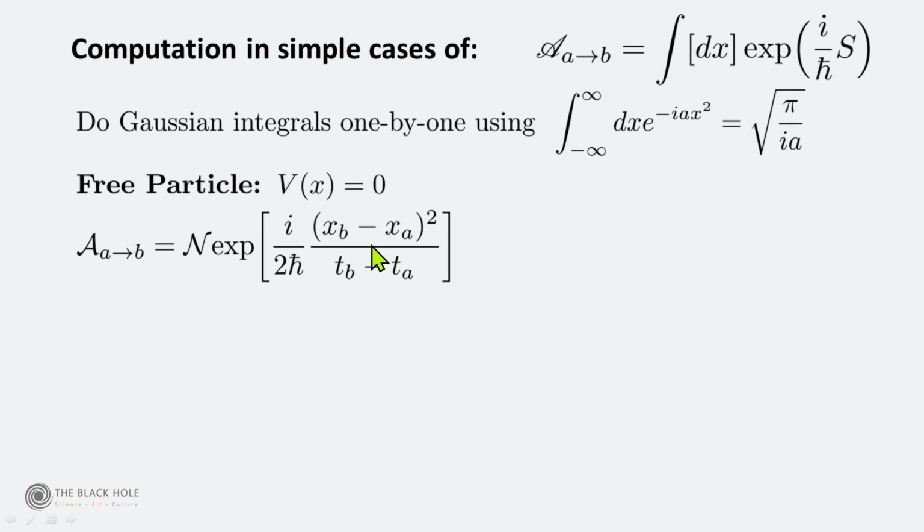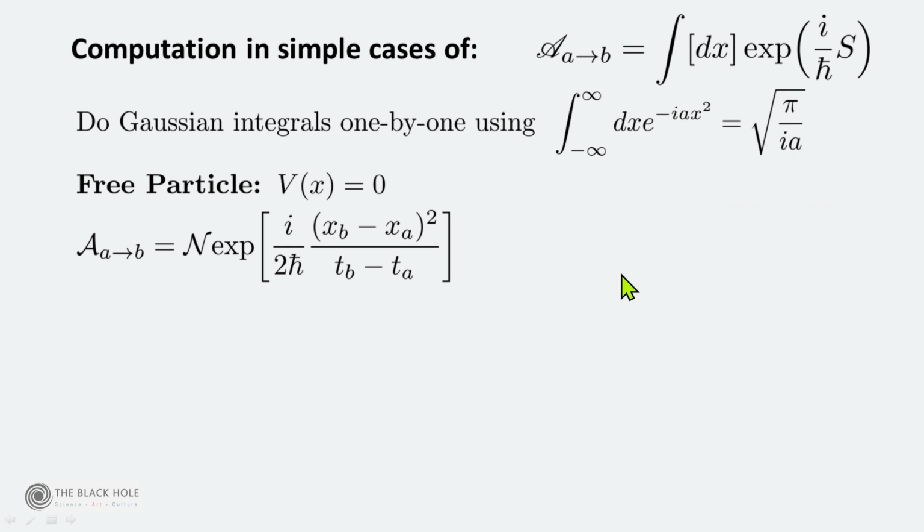For the free particle, V is equal to 0, and S is really this thing over here. You can, for the free particle, calculate n, and that's this. Here it is very nice and finite. But in the complicated things that we are going to do, this n will be infinite, or could be infinite.